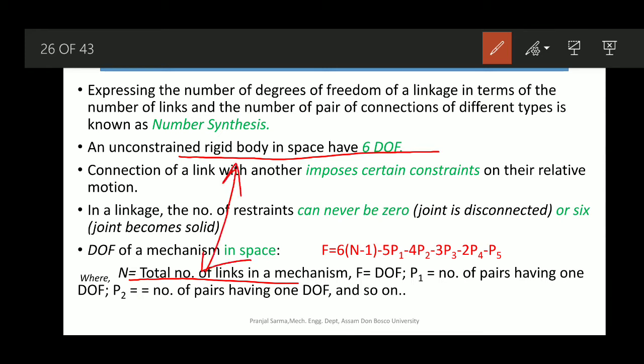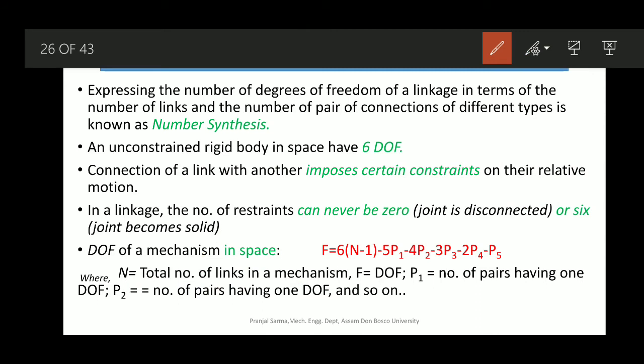So it is going to give us 6n degrees of freedom. But we already know that a minimum of one link in a kinematic chain has to be fixed if we have to obtain a mechanism, right?